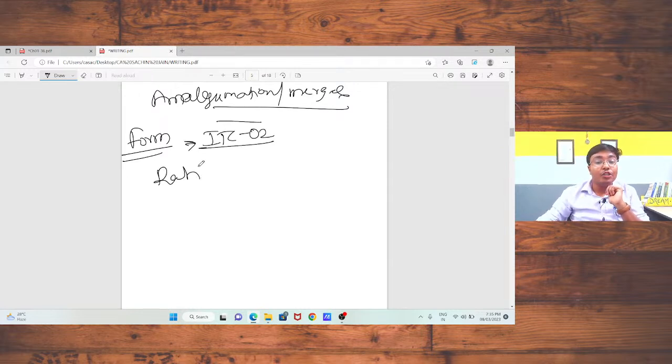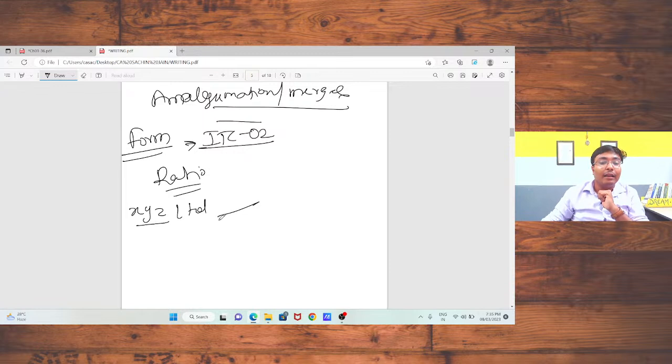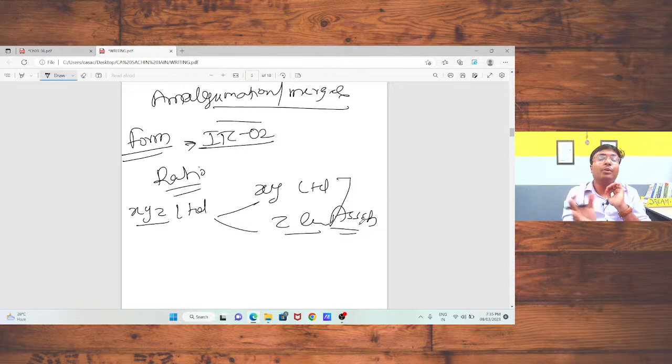Sir, what is the ratio in which I need to transfer the input tax credit? Because the entity is XYZ limited, now I am going to demerge as XY limited and Z limited. In that case, the ratio will be the ratio of assets. Whatever will be the assets in hand of XY limited and Z limited, in the same ratio, the input tax credit should be transferred via form ITC 02.